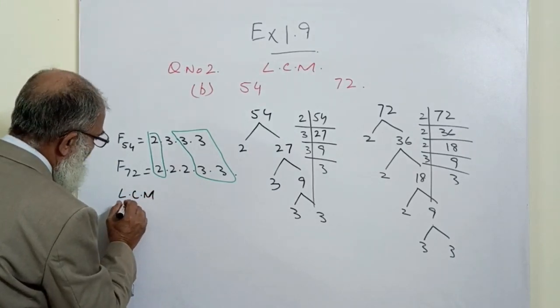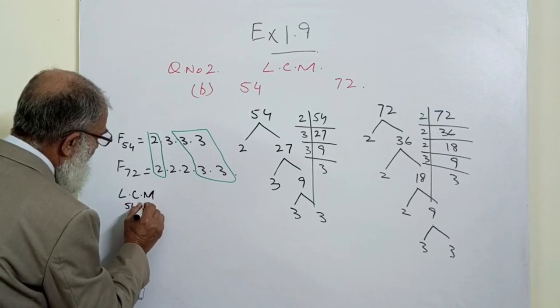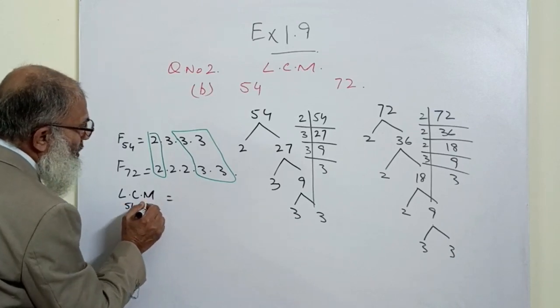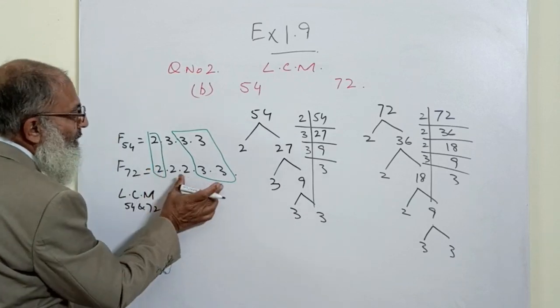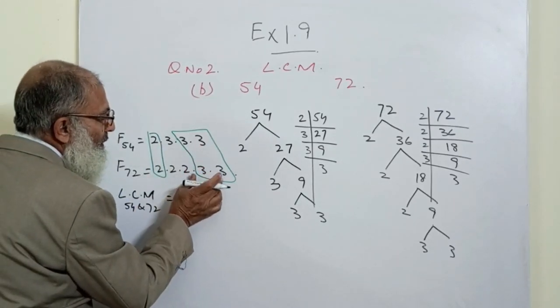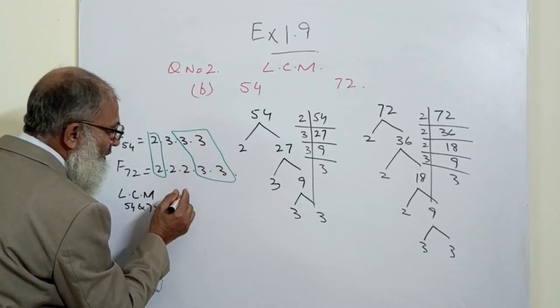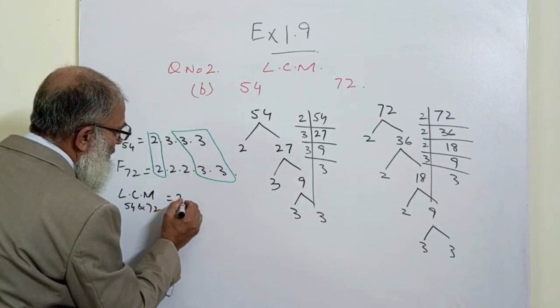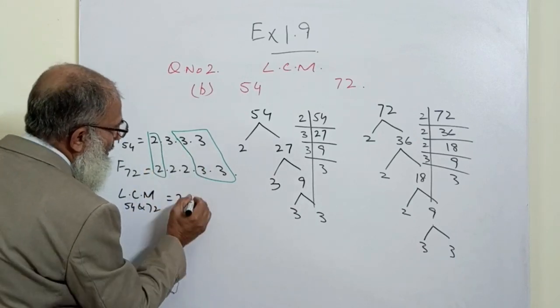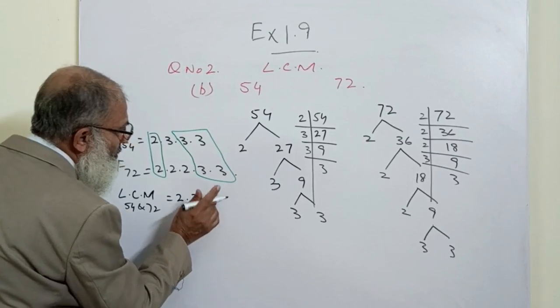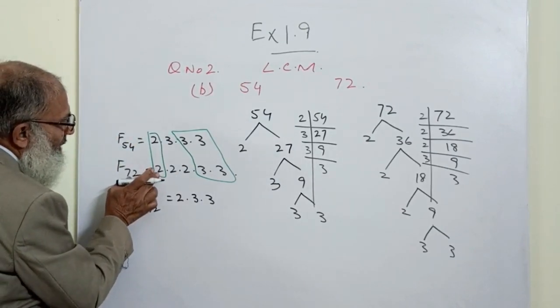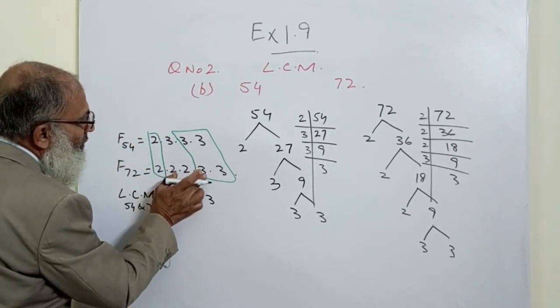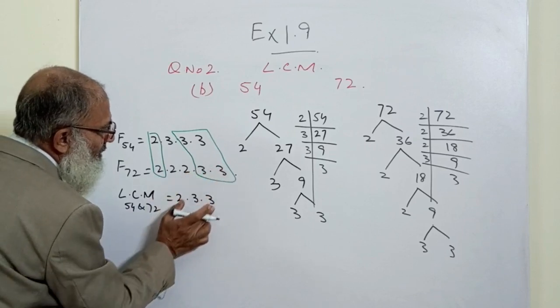Now write for LCM of 54 and 72 is equal to, now write the factors which are common, write them once, 2.3.3. Now you see I have written once 2, once 3 here, and once 3 here.